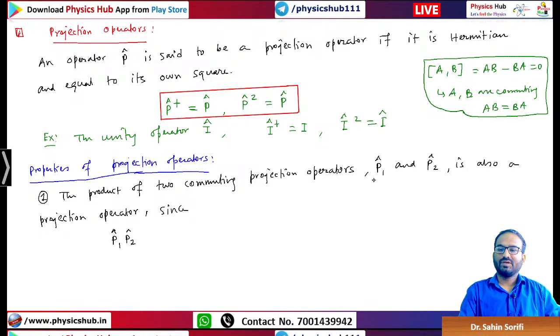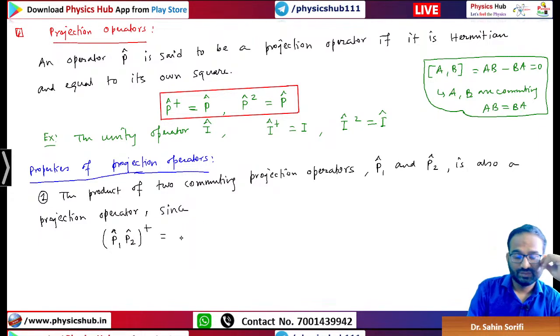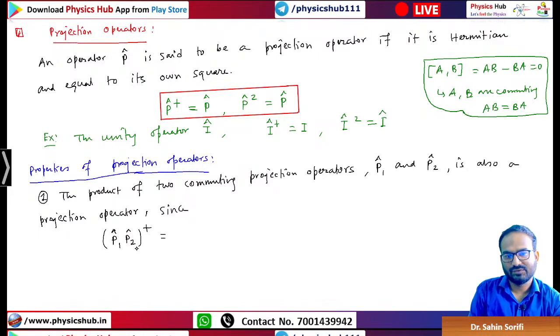So P1, P2 are commuting projection operators. Now let us see whether P1 P2 is itself a projection operator or not. To do that, we have to check the first property, that the dagger of it should be equal to that operator, meaning we have to check the hermiticity. So you see, this dagger, when acting on a product, will act from the right. So first it will act on P2, then it will act on P1.